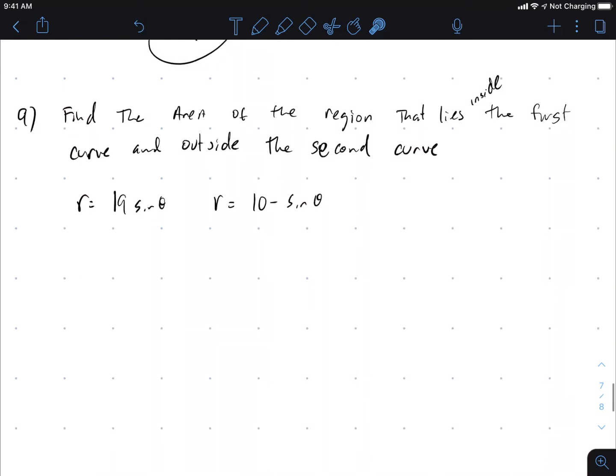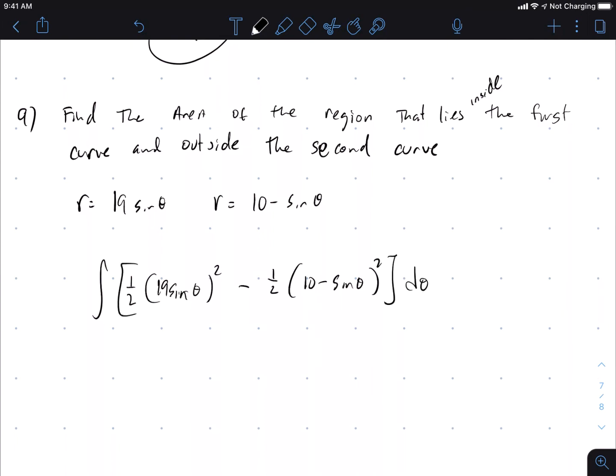So my integral is going to be 1/2 of 19 sine theta squared minus 1/2 of 10 minus sine theta squared d theta. Are we in agreement there? Yes. Okay.